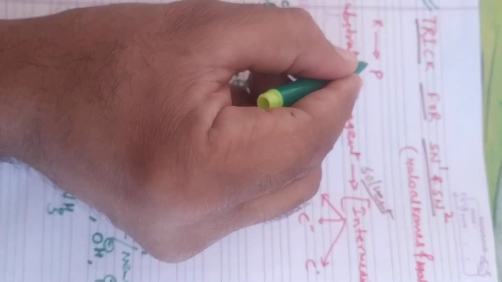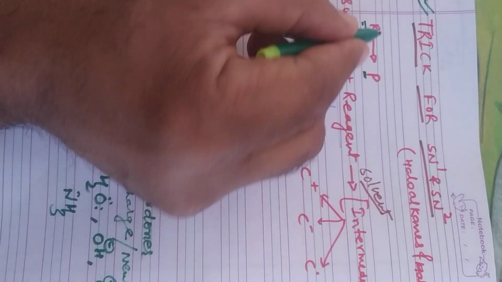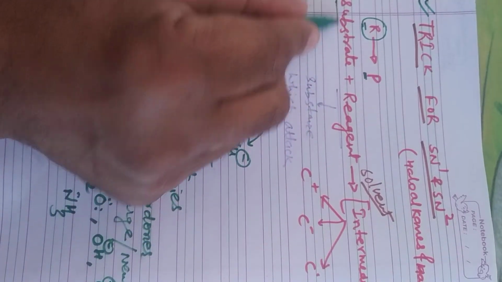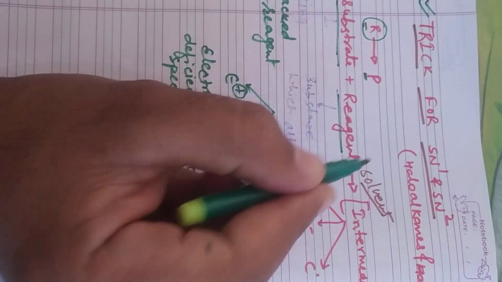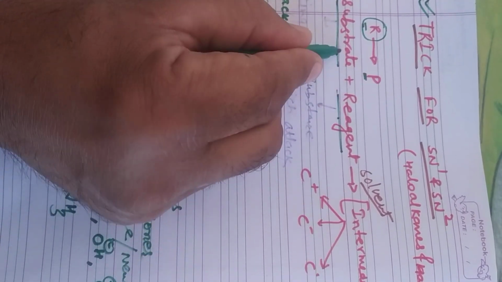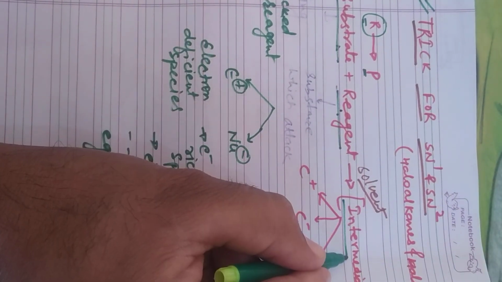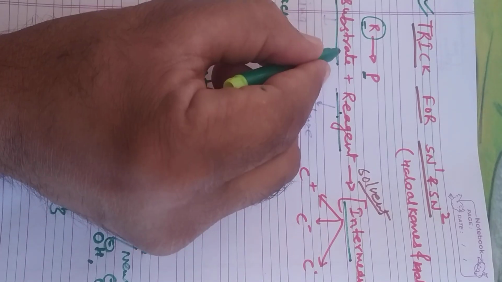In a reaction, reactant converts into product, and reactants comprise two things: one is substrate and another is reagent. Substrate and reagent both react to form an intermediate, then form the product.